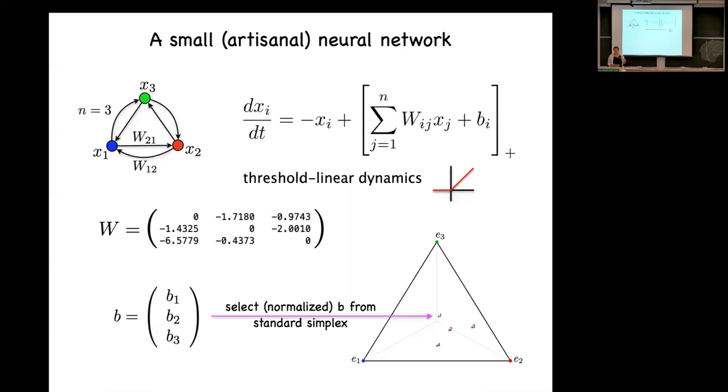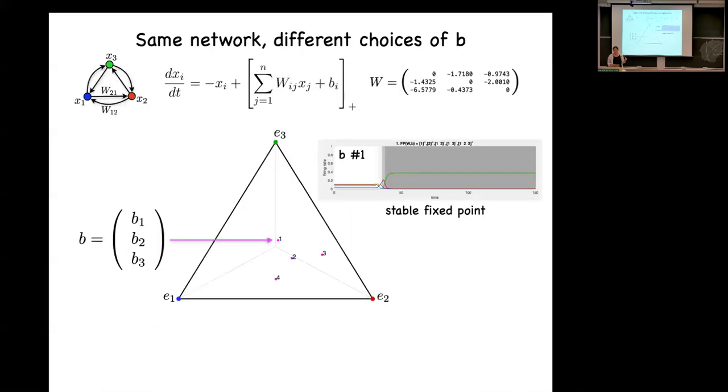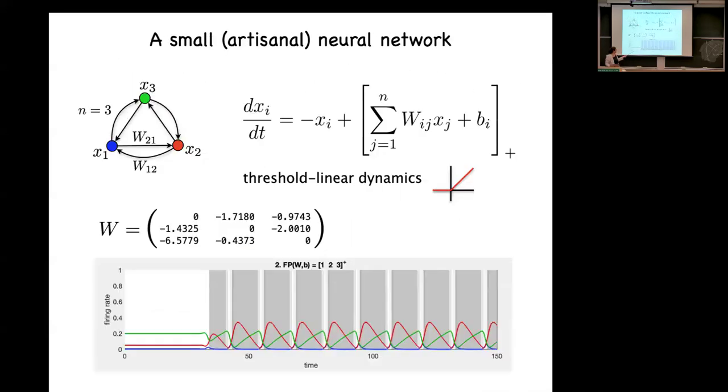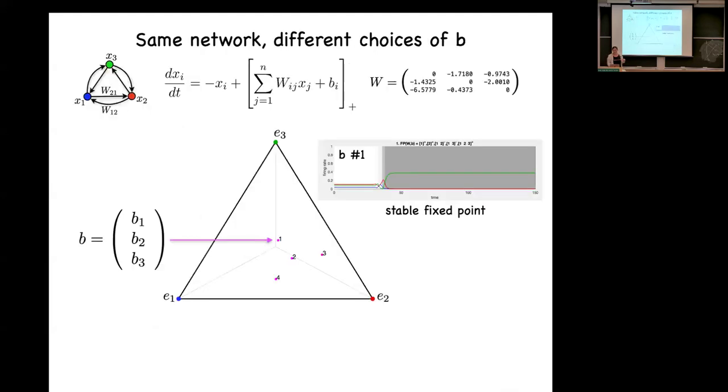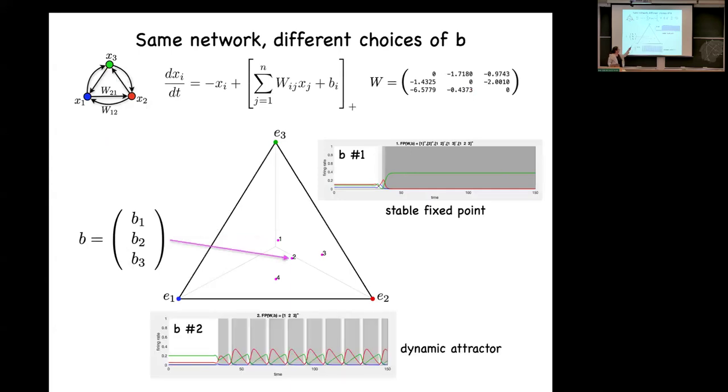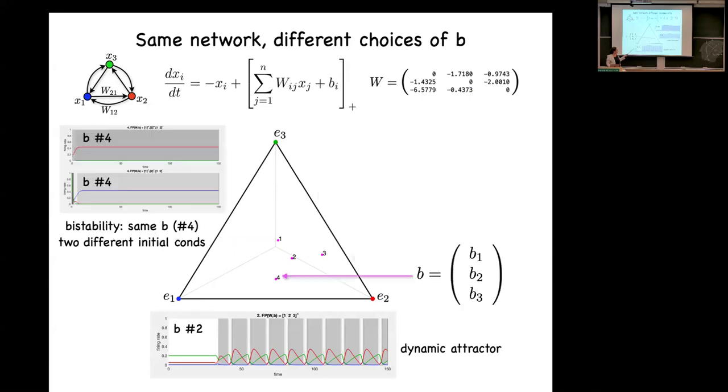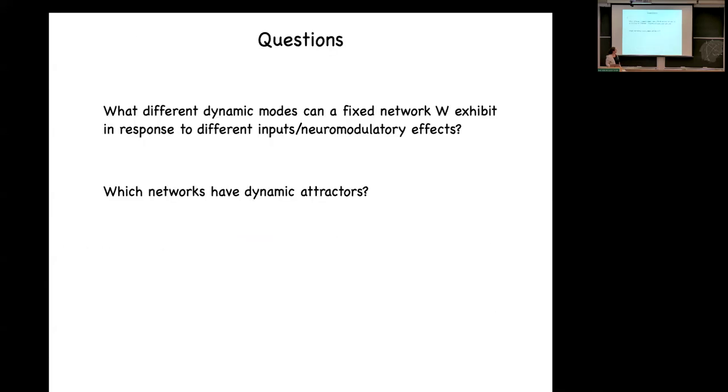And it turns out that, first of all, you can get really cool looking attractors by doing that. You can see that the same network, same W matrix, as you vary the B, can have different dynamic regimes, where you might have a single stable fixed point for one value of B, and this beautiful dynamic attractor for another value of B, and different kinds of things going on.